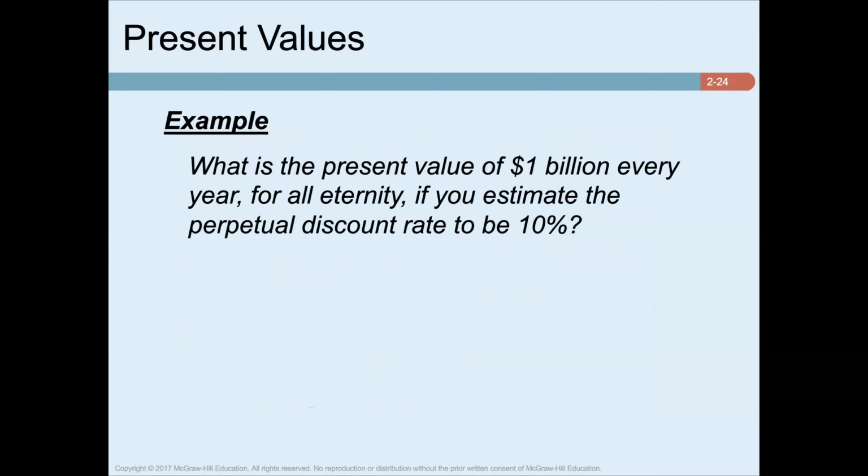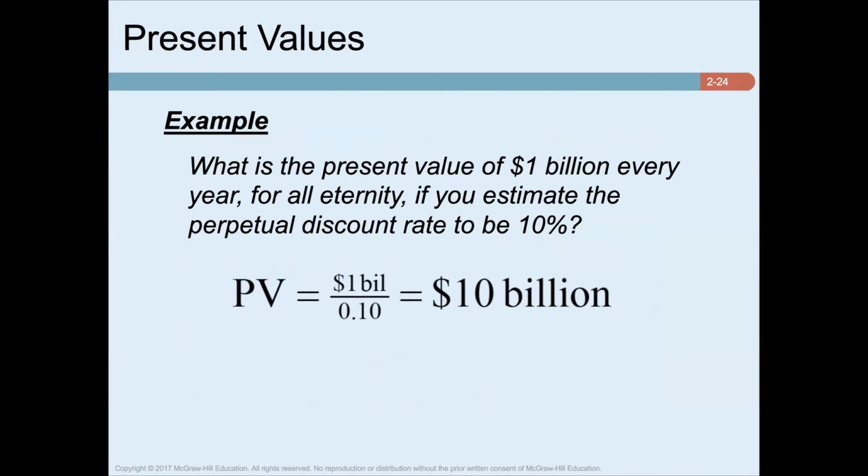So the present value of $1 billion every year for eternity, that would be nice, right? If you estimate the perpetual discount rate to be 10%, it would be 1 billion divided by 0.1. So the present value is $10 billion. Even though we can get it every year until infinity, the present value is only 10 billion.